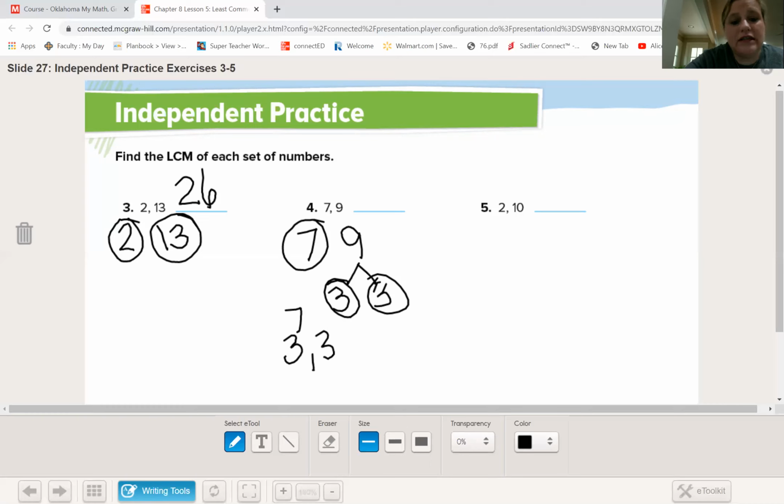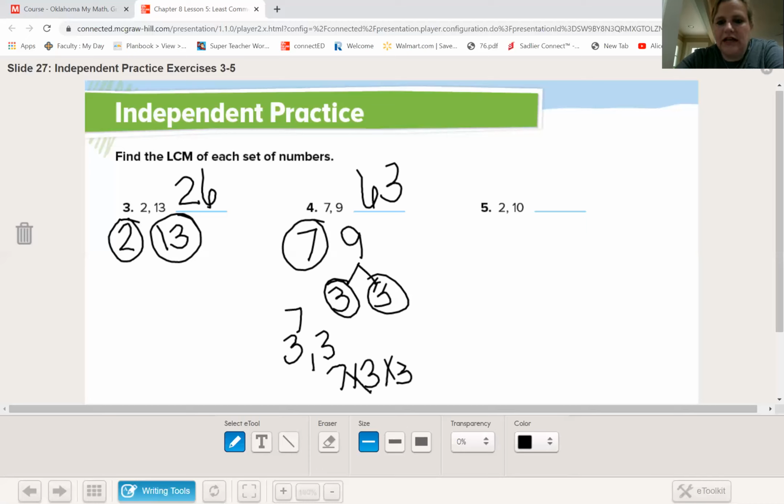But because these are on the same row, they both stay. So 7 times 3 times 3. 3 times 3 is 9. 9 times 7 is 63. You might notice that if you just multiply 9 and 7 to get 63, that doesn't always work. The least common multiple is not always just multiplying them together.